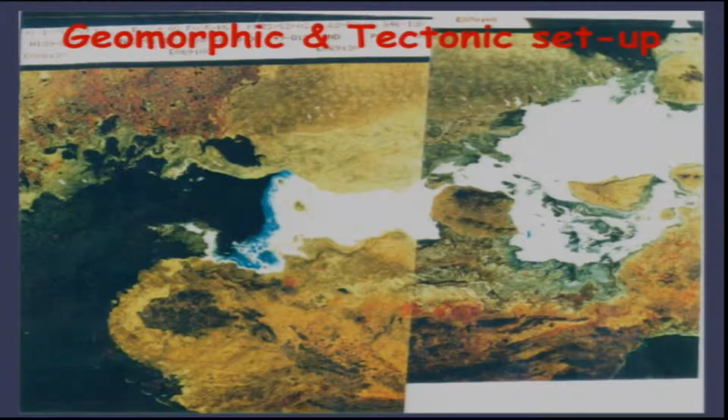Now, this is a false color composite, but just based on the features which we can pick up easily and which are very distinct, and based on the tonal variations, the boundaries which one can pick up between the different landforms, that is what we call geomorphic boundaries. You can identify several landforms here.